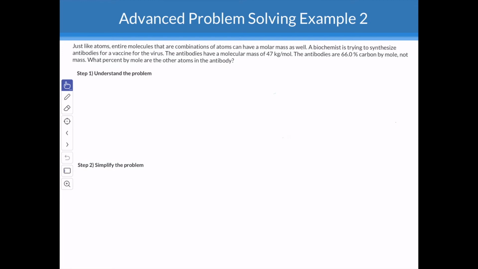The antibodies have a molecular mass of 47 kilograms per mole, since they're much larger than an actual element or an atom. The antibodies are 66.0% carbon by mole, not by mass. What percent by mole are the other atoms in the antibody?